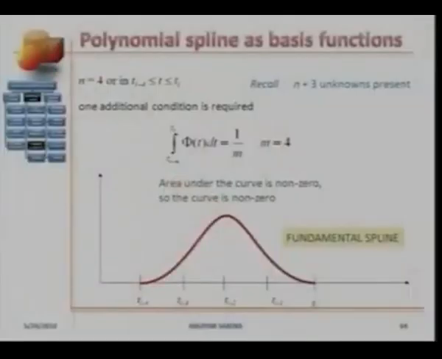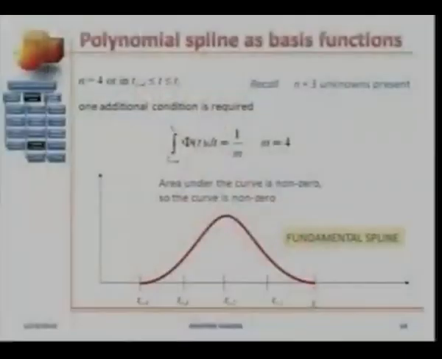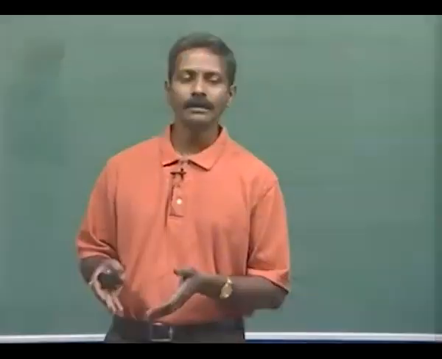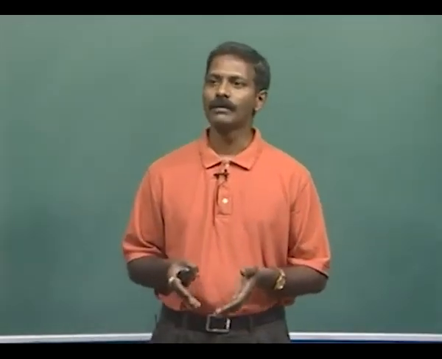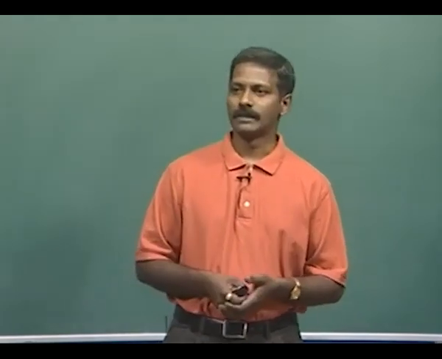The 7th condition was the standardization condition. That is, the area under the B-spline basis function was non-zero, and in fact it was equal to 1 over m, where m is the order of the B-spline basis function. So using the concepts of polynomial splines, we were able to determine the mathematical form of this B-spline basis function.